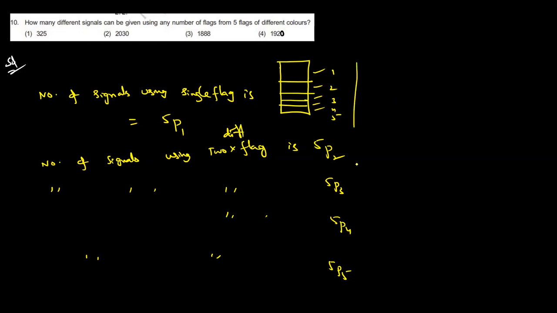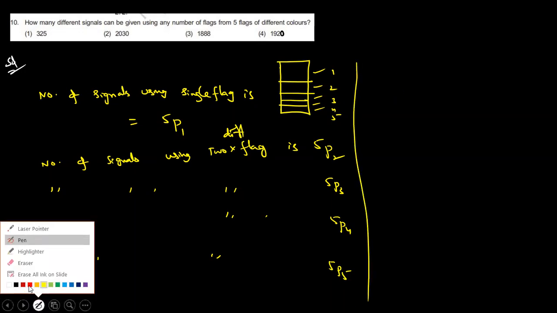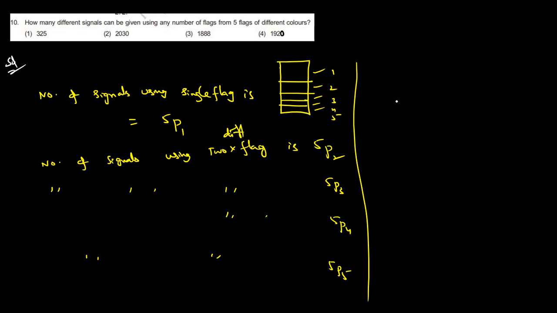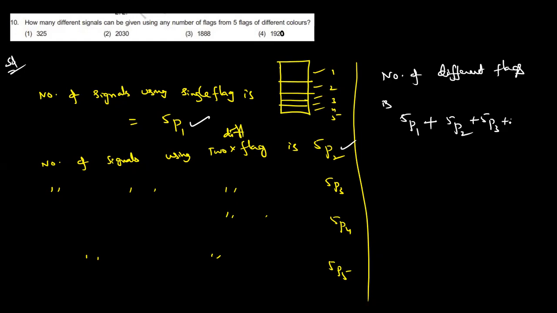Now finally, what is the conclusion? The required number of different signals is 5P1 or 5P2 or 5P3 and so on.